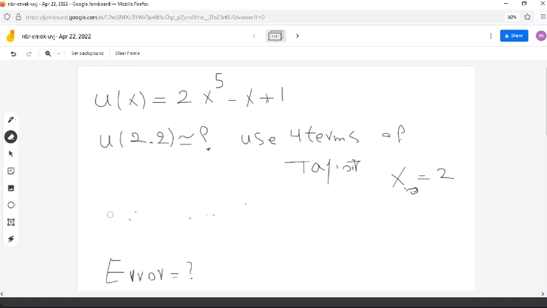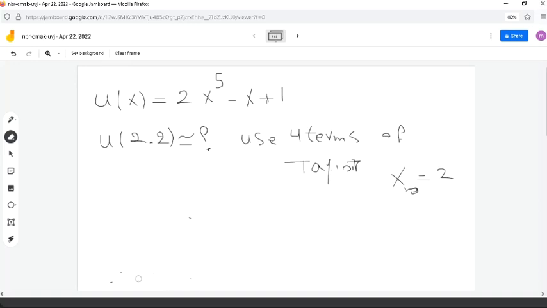You should compute the second order derivative of u and the third order derivative of u. If we say to you, use 5 terms of the Taylor theorem, you should compute until the 4th derivative of u.